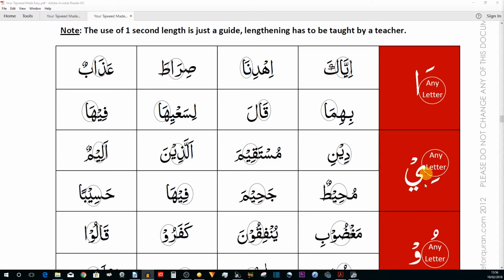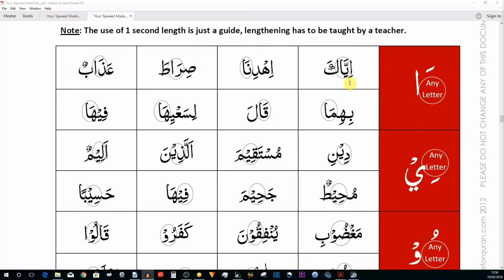We have 3 sets of words. We're going to start with any letter which has a fatha and an alif after it. So first word, Iyyaka, Iyyaka. So do not say Iyyak, that would be wrong because you would be stretching the kaf with a fatha.